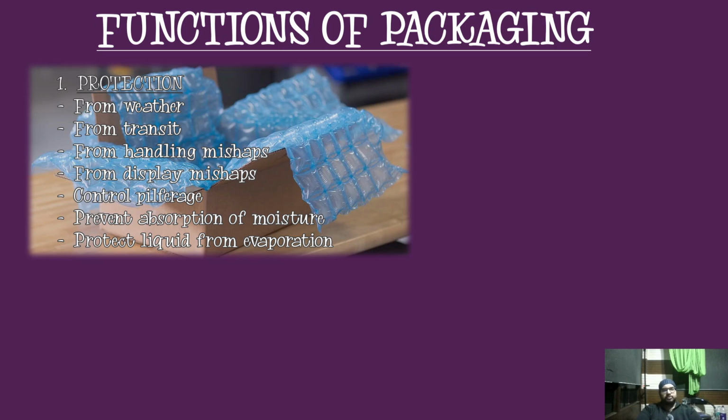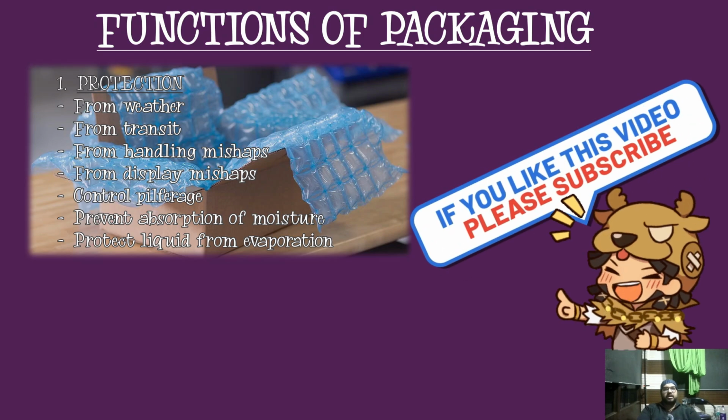Then your product needs protection from mishandling. When the product is being kept at a store, or being transported again from one location to another, it can fall from the hands of the person who is loading or unloading it. Then also your product needs protection when it is being displayed. When a product is brought into the shop, the shop owner displays that product in a permanent location where the customer can come and see it.